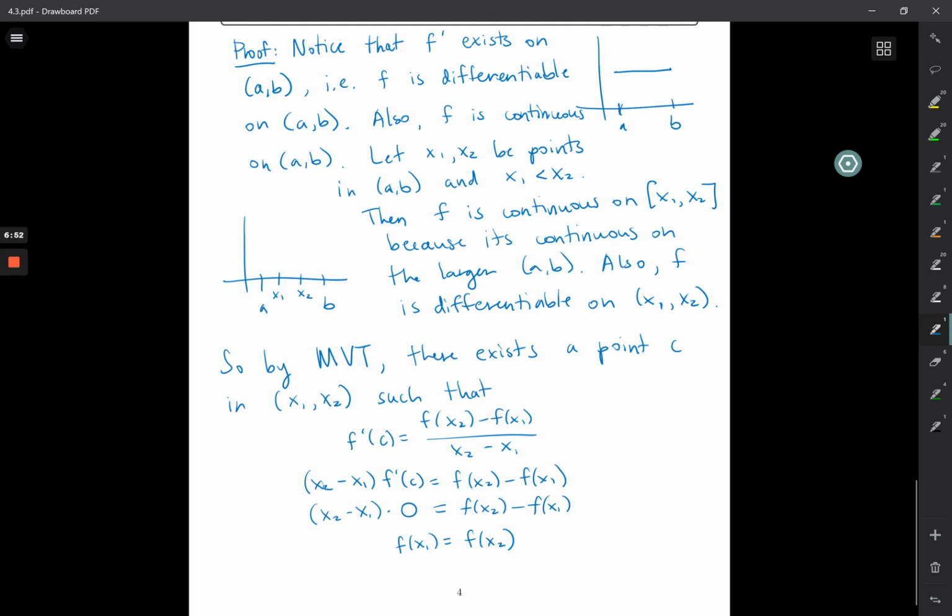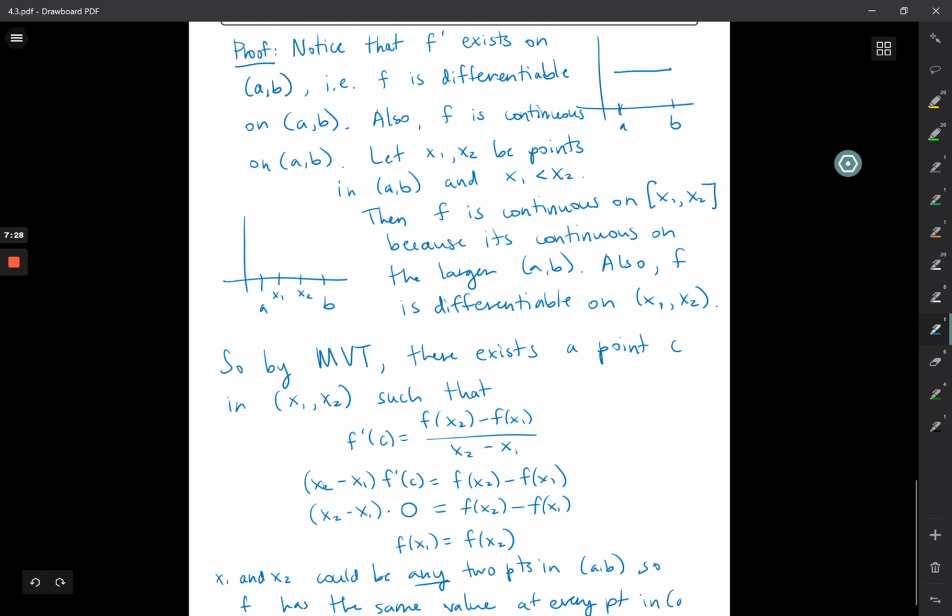Okay, and then x1 and x2 could be any two points in the interval a to b, so we know that f has the same value at every point in a to b, which is exactly what we were trying to show.